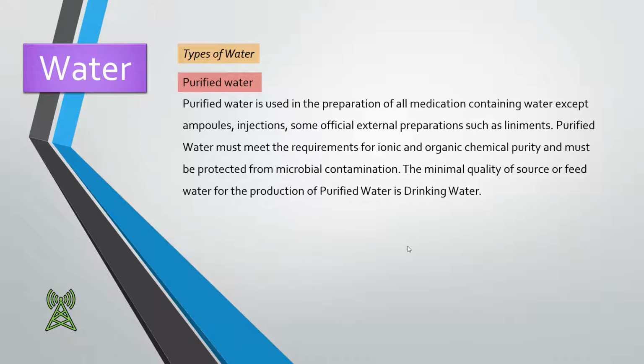It is also used for the final rinsing of the equipment of oral dosage forms that we use for the manufacturing of the oral dosage forms, like the mixers, granulators, the dryers, and all those trolleys which come into direct contact with the equipment.